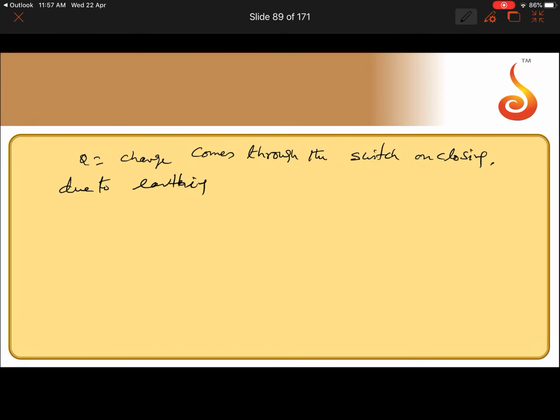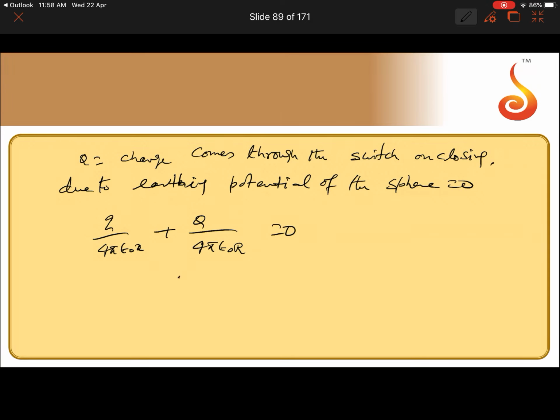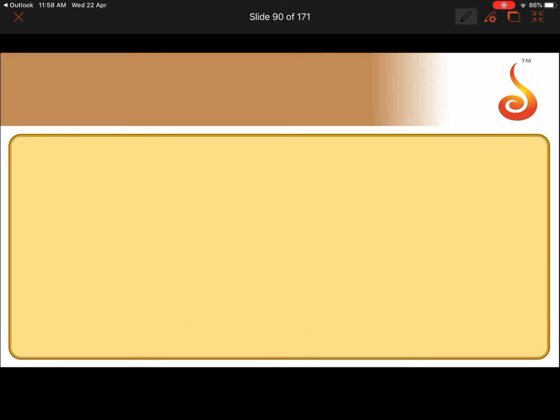So if q charge is coming through the switch, then q, due to earthing potential of the sphere is 0, that is, so capital Q will be minus QR upon X. So this is the required amount of charge that will flow to the sphere.